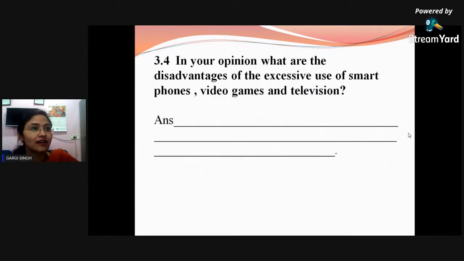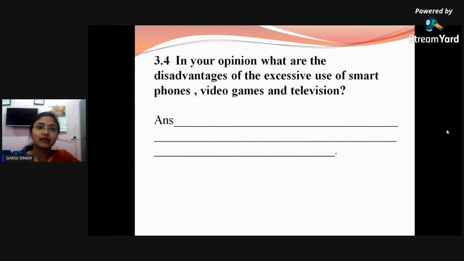Okay. Muskan says more use of social media affects your eyes. Many health problems, Anushka says. Aishwarya says you will be disconnected. There will be health issues. Okay. We get addicted and it distracts us from our goal. Very good.